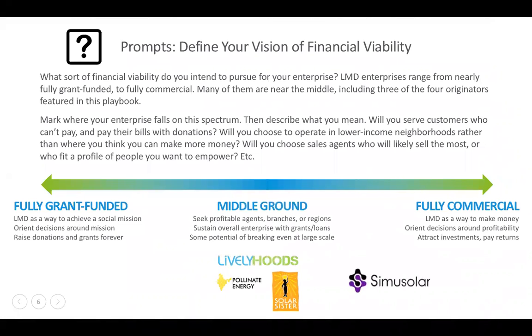In the middle ground are entrepreneurs that are seeking profitable agents, branches, or regions, but they sustain overall enterprises with grants or loans. So for example, you might get grant funding for sales agent training in your enterprise. But many of them have the potential of breaking even at large scale. Now I'm going to hand it over to Greg to talk about the key resources of this module.